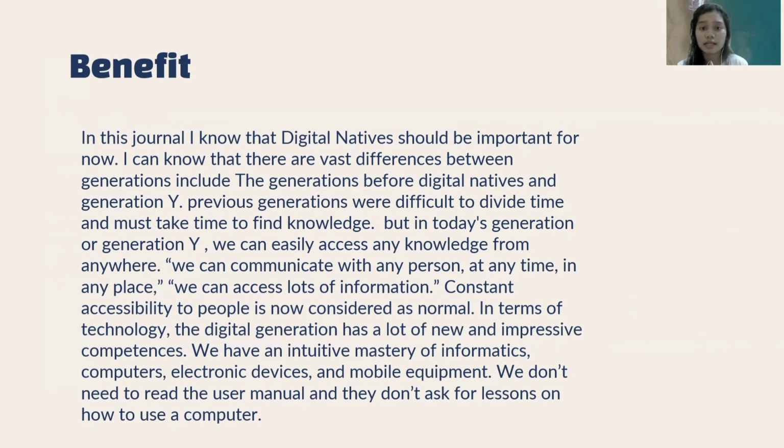But in today's generation, or generation Y, we can easily access any knowledge from anywhere. We can communicate with any person at any time in any place. We can access a lot of information. Constant accessibility to people is now considered normal.